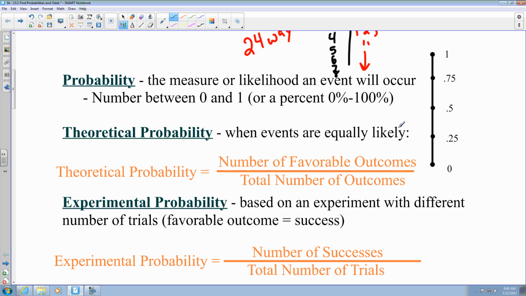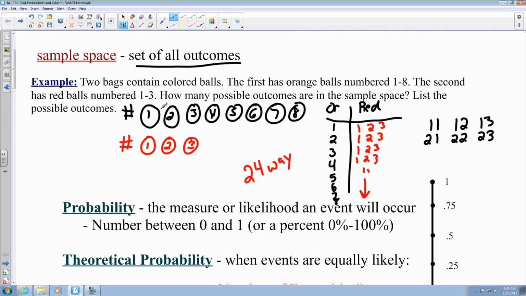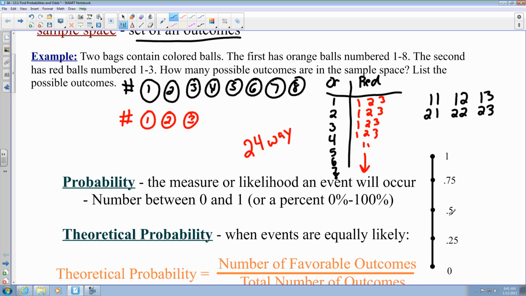Something that would be impossible, or 0%, if I went back to this example, would be a 0% chance of me picking a red ball with the number 4 on it. Since there is no number 4, I have a 0% chance of grabbing it. 50-50 would be like flipping a coin, heads or tails.